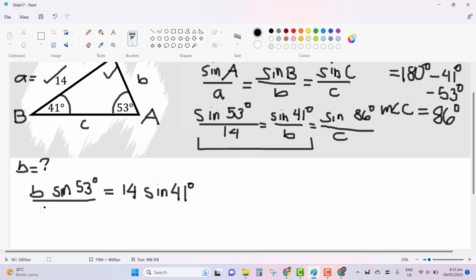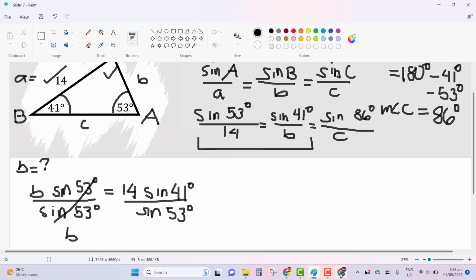Then we divide both sides by sine 53 degrees. Cancel this out. Do the same thing on the other side, but it cannot be cancelled. In short, the measurement of B is the entire expression of this.